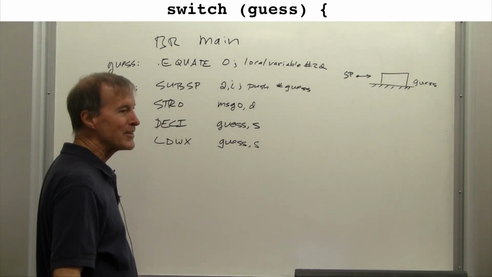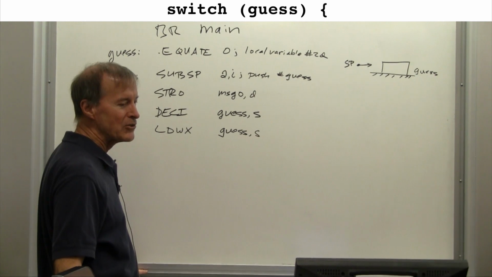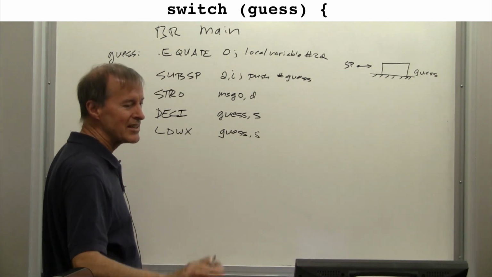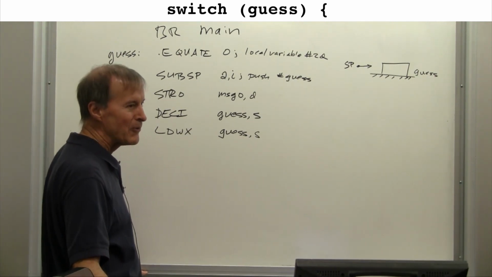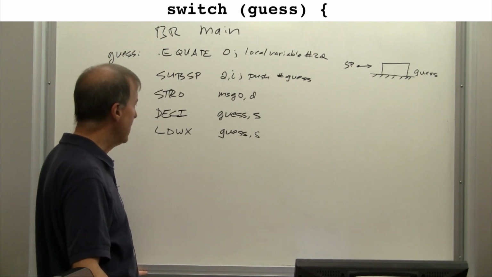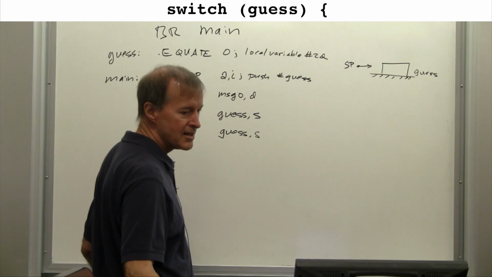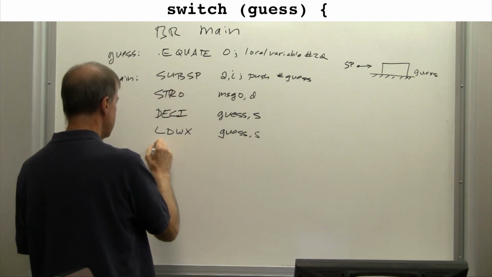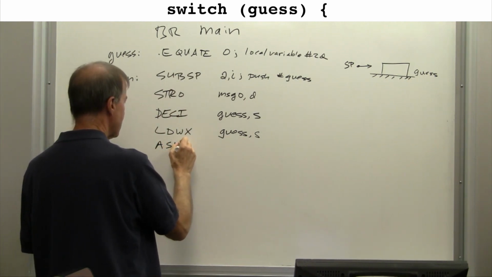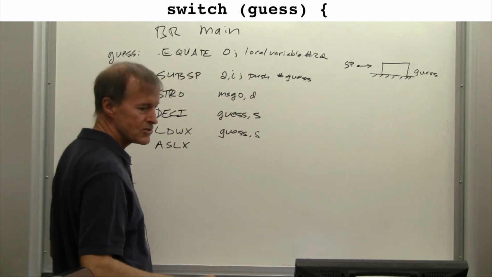And now we'll see exactly how this is going to work in a minute. But how do you switch to the case? What do you think? Oh wait, we have to do one more thing to the index register. Yeah, ASL. Arithmetic shift left index register because it's 2.